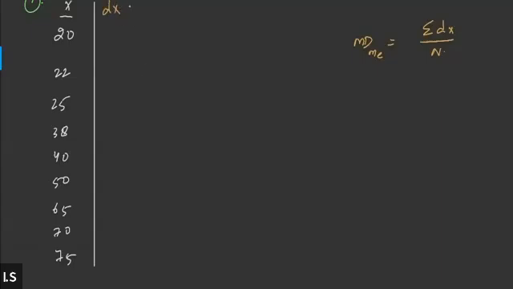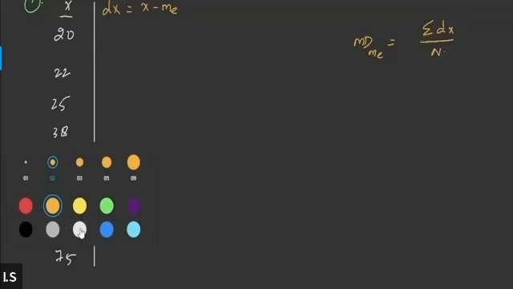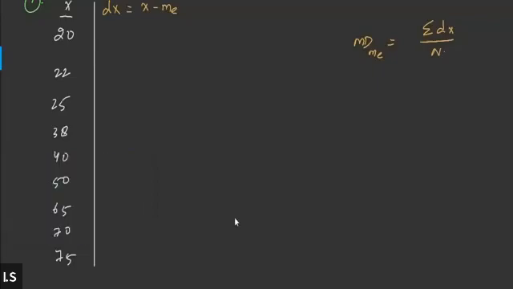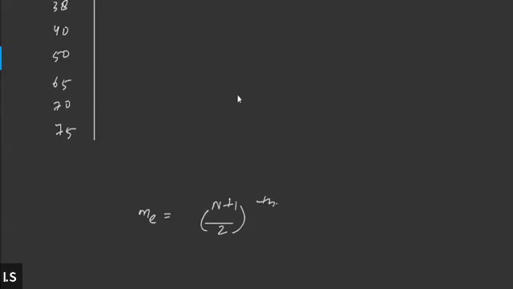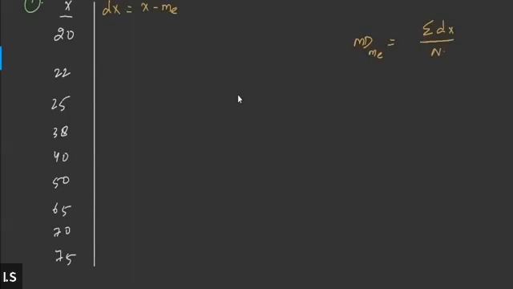For calculating dx, we will have to subtract the assumed value of the median from the x. So we have to prepare a working note in order to calculate the median. The formula for median in case of an individual series is (n plus 1) divided by 2. How many items are there? There are 1, 2, 3, 4, 5, 6, 7, 8, 9 items.